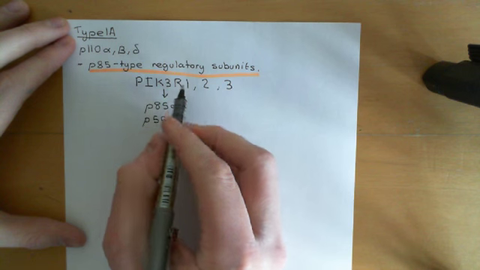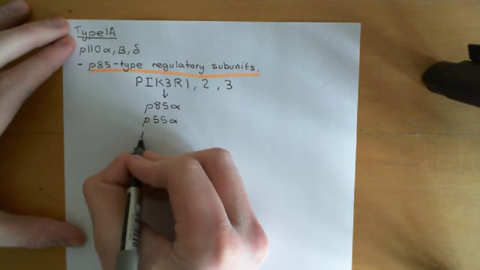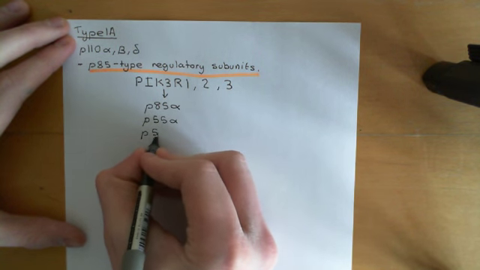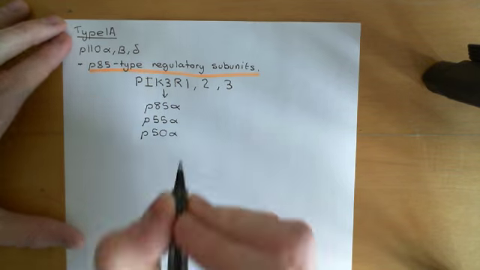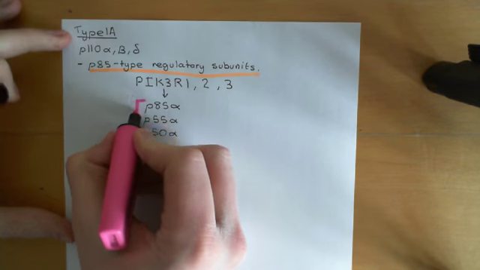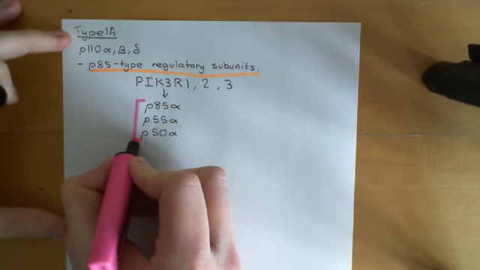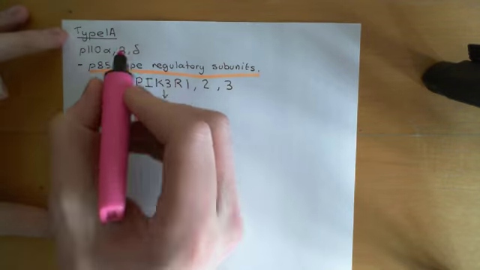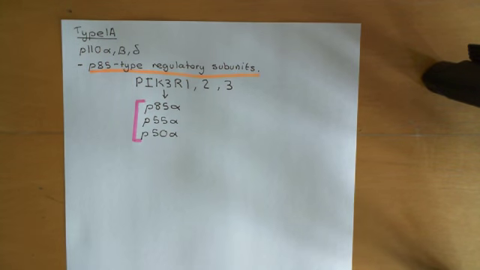Okay, again, the alpha denotes that it's from this R1 gene. Okay, and then finally it can produce one of 50 kilodaltons, which is called P50 alpha. So those are the 3 different regulatory subunits that are all P85 type regulatory subunits and can all be dimerized with these 3 catalytic subunits. And they're all created by this one gene, PIK3R1. They're the 3 different splice variants of PIK3R1. Okay, right.